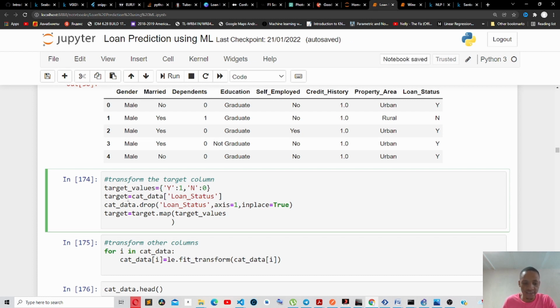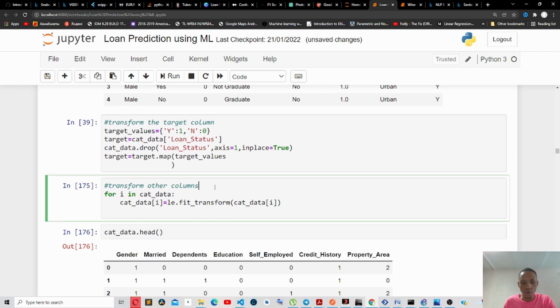And then our target is equal to the categorical data's loan status. We are going to use the loan status as our target variable, as our target feature, right? And then in the categorical data frame, we are going to drop the loan status since it is now our target value, right?